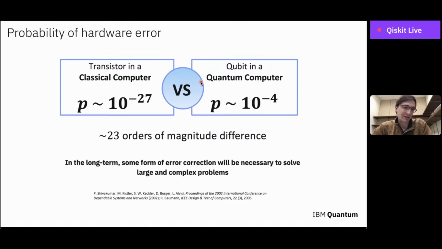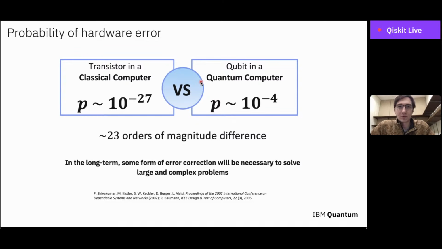So the main problem with our quantum computers nowadays is that the error rates are too high. If we compare transistors in classical computers with our qubits in quantum computers, we have about 23 orders of magnitude difference in the error rates.